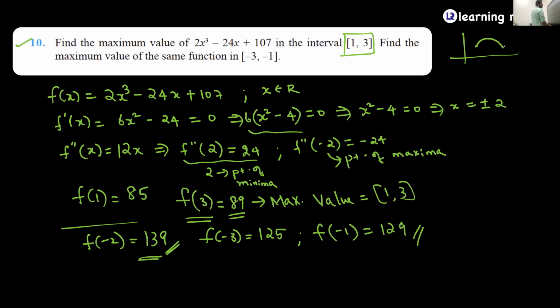Okay, if I have a function like this, let's say this is 1, this is 3. If you draw a tangent here, f dash of x will be 0. If you draw a tangent here, f dash of x will be 0.